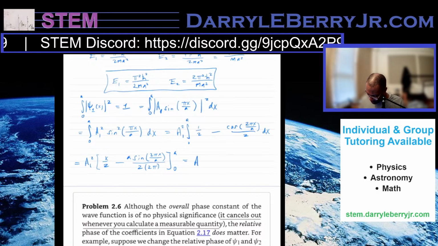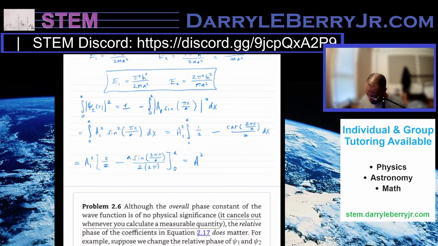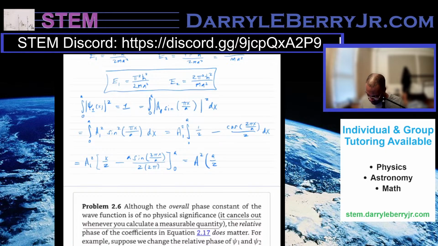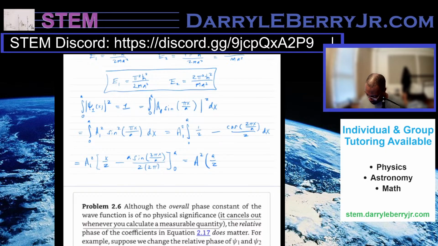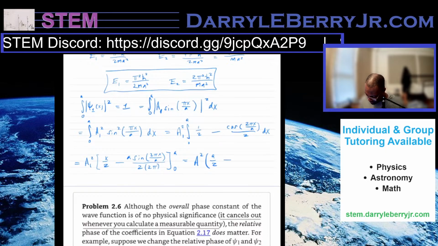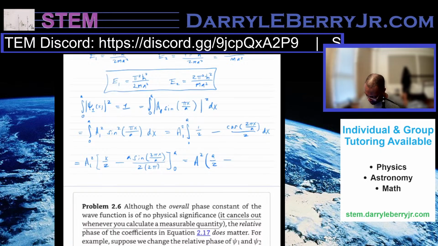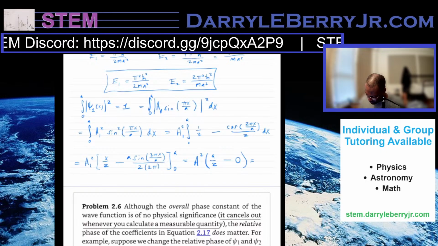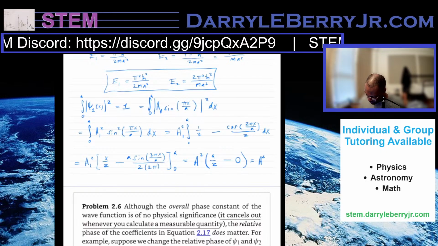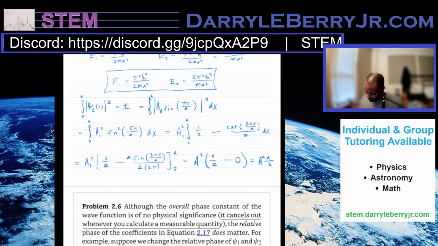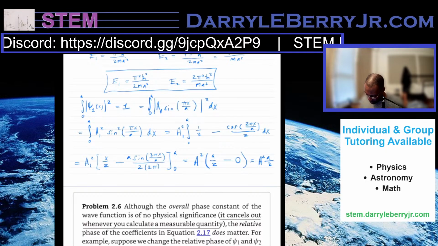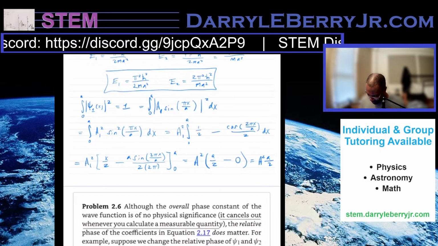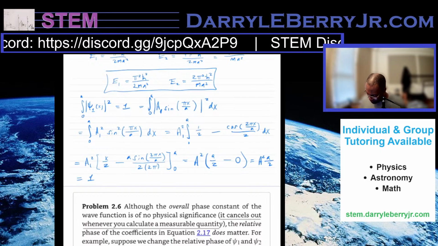So this equals A1 squared times a over 2 minus 0. So this equals A1 squared a over 2. I believe that's right. And this equals 1.